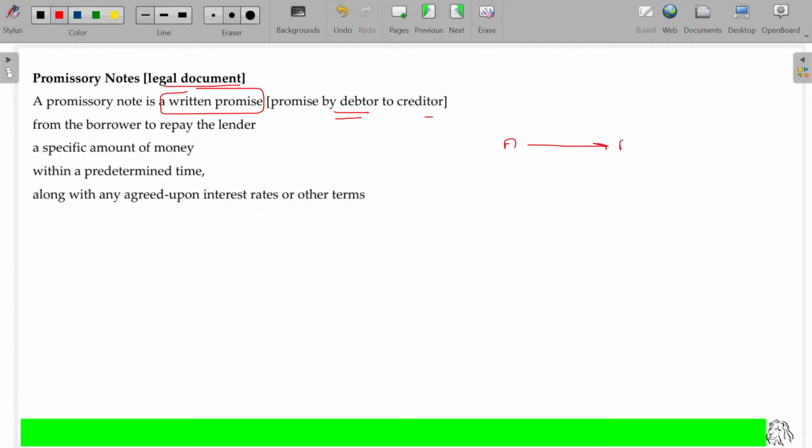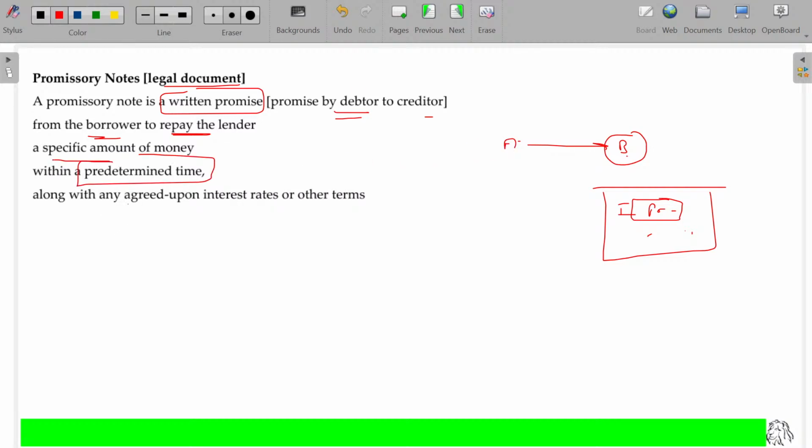A sells goods to B. B is the debtor. He himself prepares it: I promise to pay. The note will have the term promise here. From the borrower to repay the lender, he has to repay the specific amount along with the agreed upon interest rate. If any interest is applicable, that will also be stated in the promissory note itself.